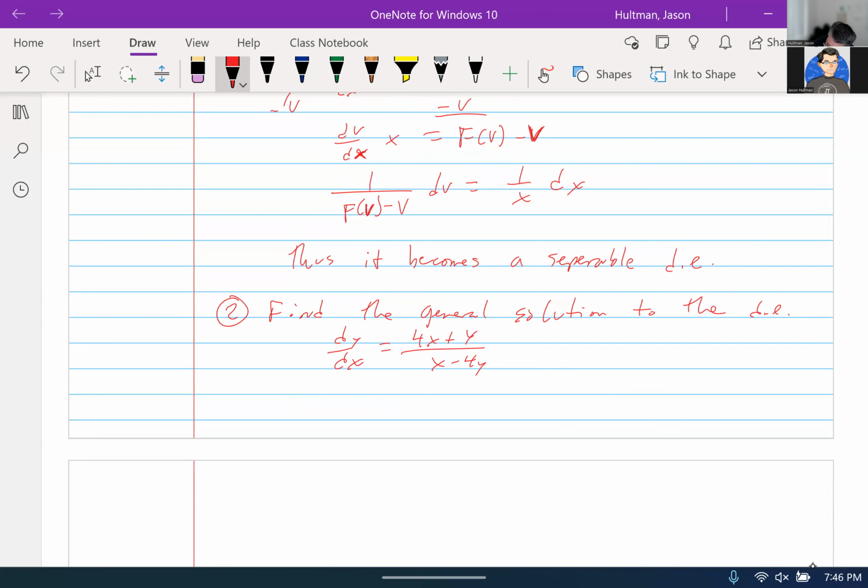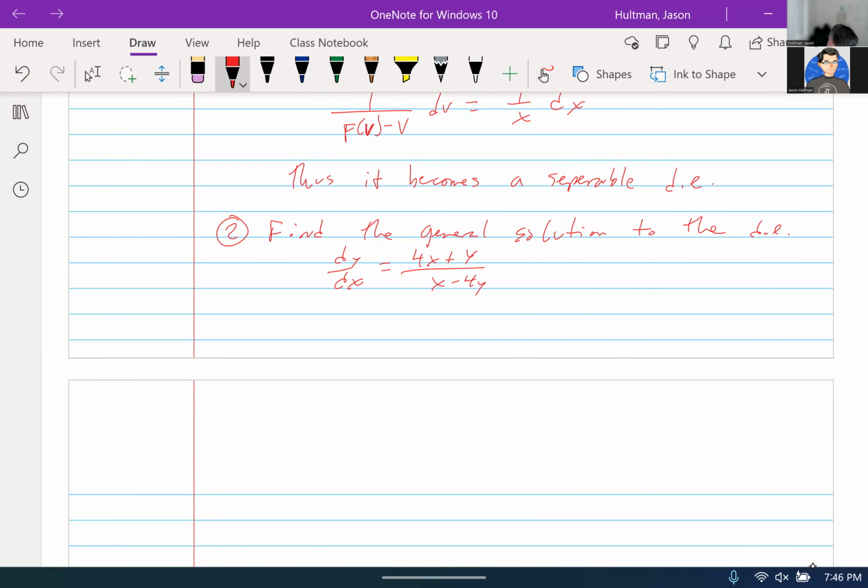So the first thing we want to do is check for homogeneity. Check if this thing is a homogeneous differential equation.